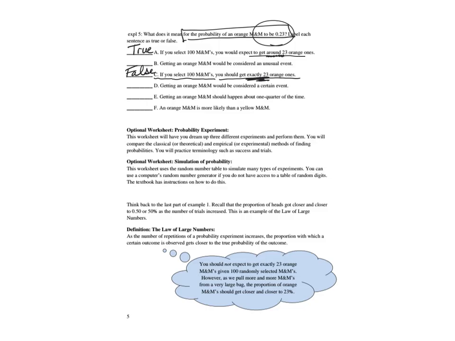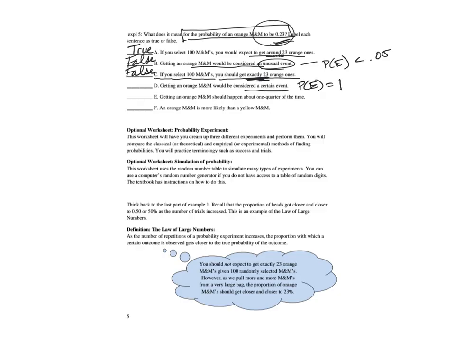Going back to B, it says getting an orange M&M would be considered an unusual event. Well, an unusual event is when the probability is less than 0.05 or 5%, and that's not. So that's false. Part D, getting an orange M&M would be considered a certain event. That would have to be it equaling 1.